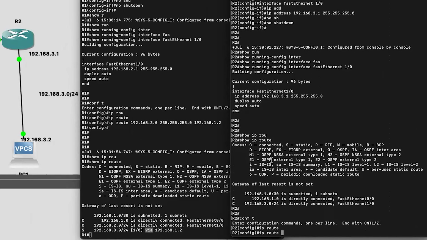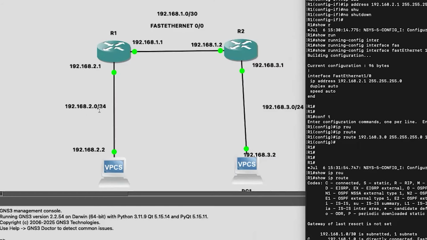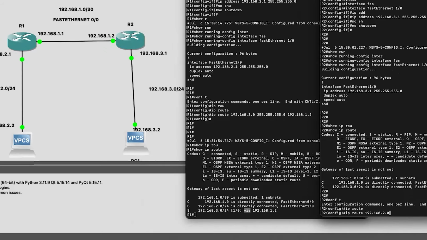I want to route to the 192.168.2.0 network with the subnet mask of 255.255.255.0, and what is the next hop? I'm on R2. I have to make my next hop the IP address on R1 that is directly connected to the network I'm on. What is that? 192.168.1.1.